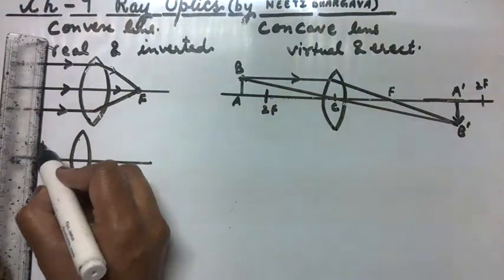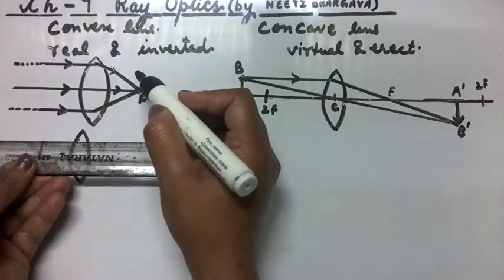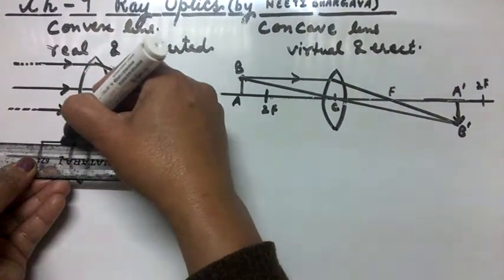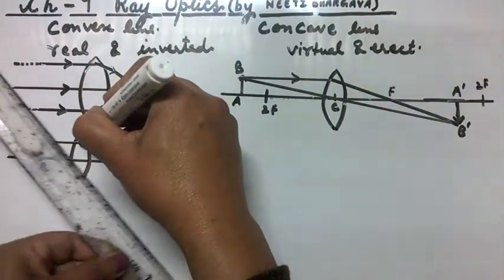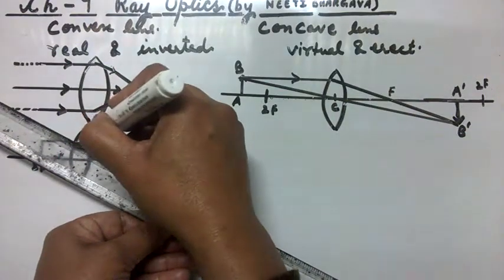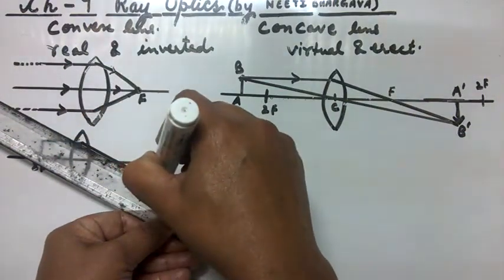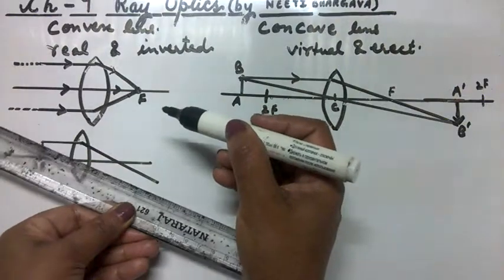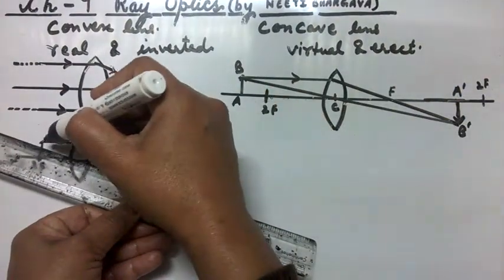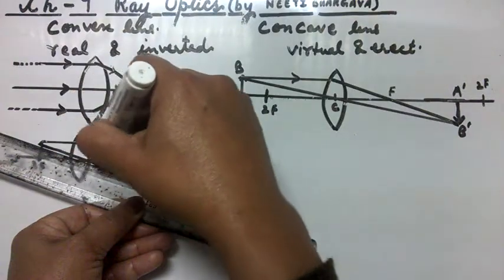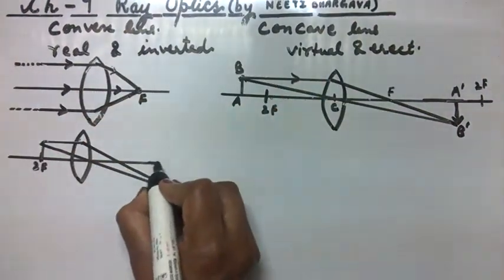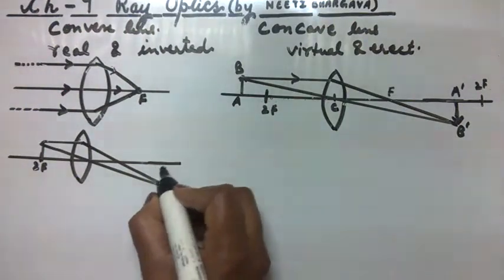The ray which is passing parallel to the principal axis will pass through focus, and the ray which is passing through the optical center will remain undeviated, and the image formed is at 2f.